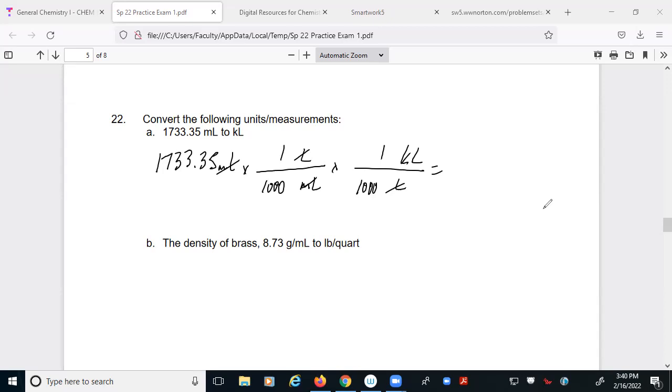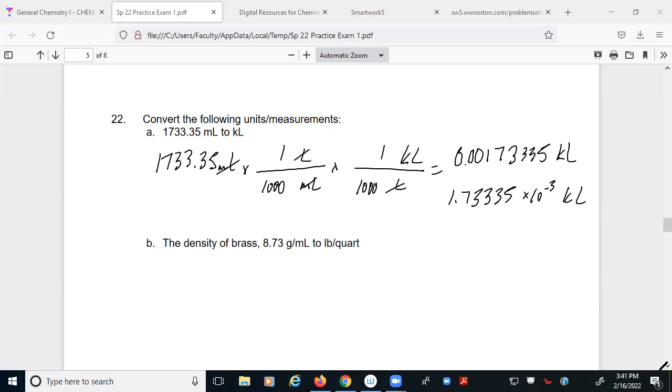1733.35 divided by 1,000, divided by 1,000 again. You can get your answer as either 0.00173335 kiloliters, or in scientific notation, 1.73335 times 10 to the negative third kiloliters.